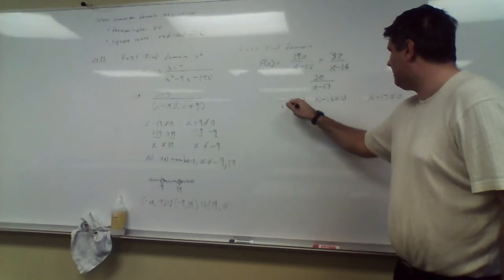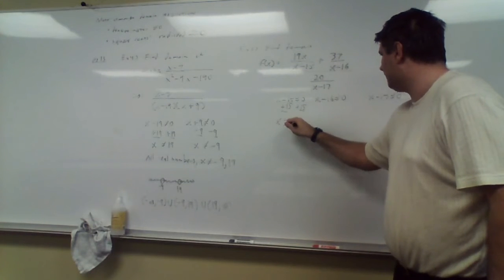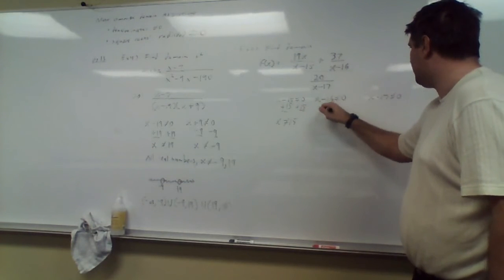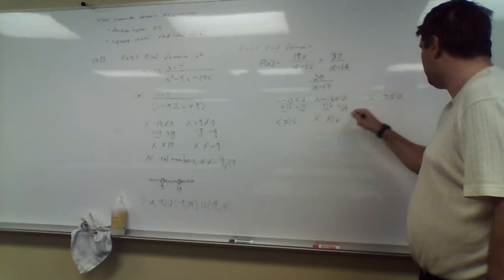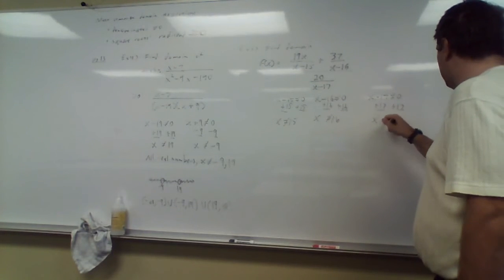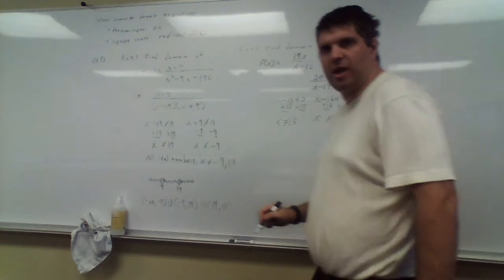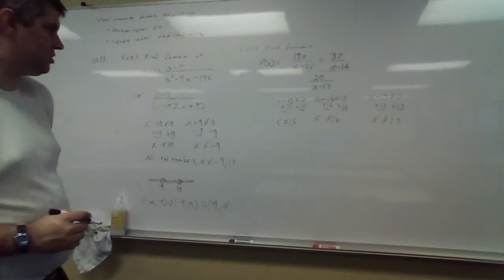So add the 15. X cannot equal 15. Add your 16. X cannot equal 16. Add your 17. X cannot equal 17. So, in interval notation, I'm going to go straight to the interval notation.